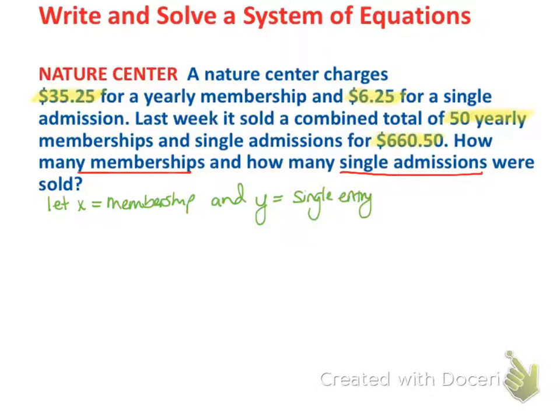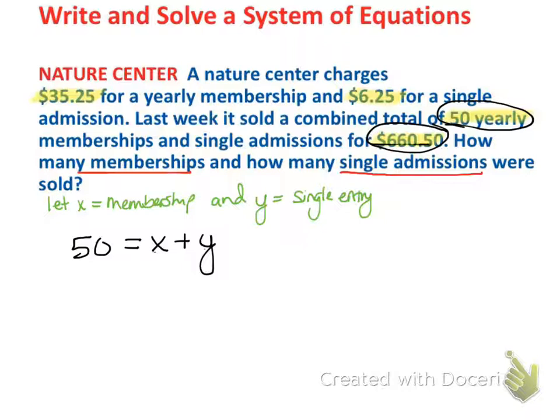Now, what gets tricky here for a lot of people is deciding which pieces of information go with what. So what I want you to look at is two of these pieces are totals. We've got 50 total yearly and single memberships. That has nothing to do with the cost, simply the total. They sold 50 of them, so x plus y equals 50.